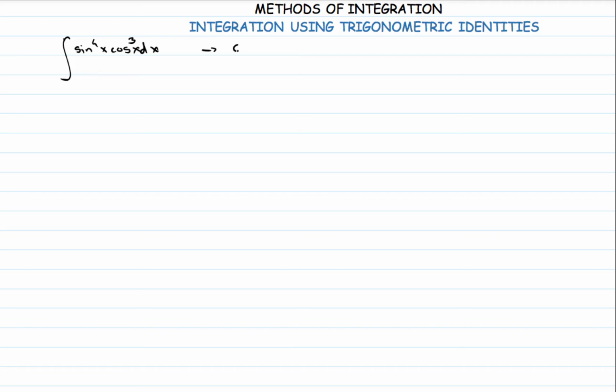So we have cos square of x is equal to 1 minus sine square of x. This is the trigonometric identity that we are going to apply, because the odd power is on the cosine.